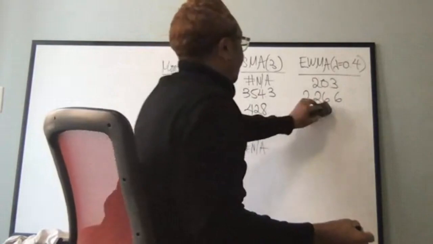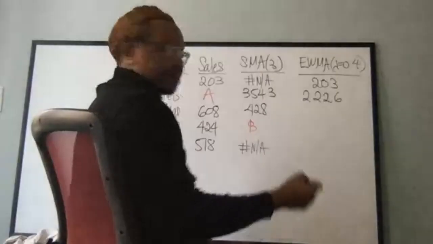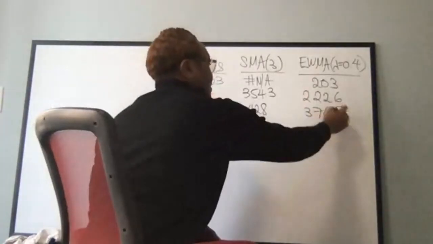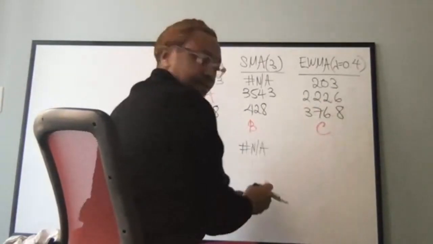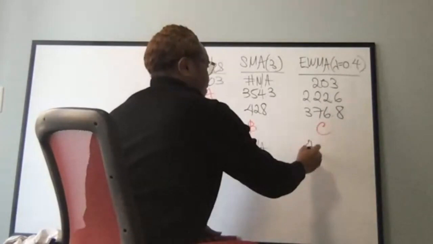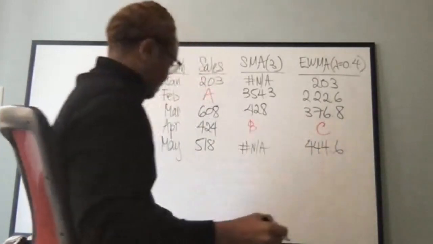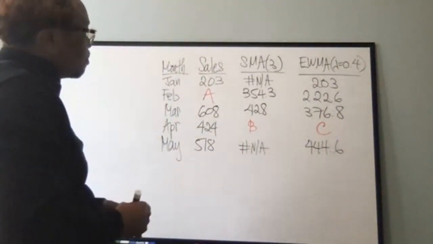I'm sorry, 222. 376.8. I'm going to put a C right here. Then I'm going to say 444.6. So I'm going to give you a minute to write those down.